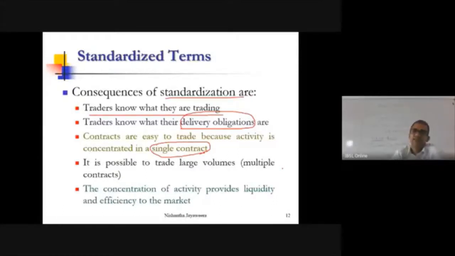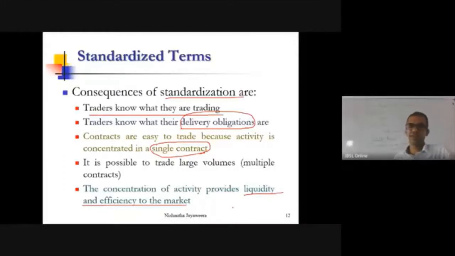And due to standardization, as I mentioned earlier, it provides liquidity in the market and efficiency. Since the liquidity is there, the market is also efficient. All the information available will be reflected in the prices, and the prices are transparent. You can see the current price of a particular futures contract. It is not the case in a forward contract.